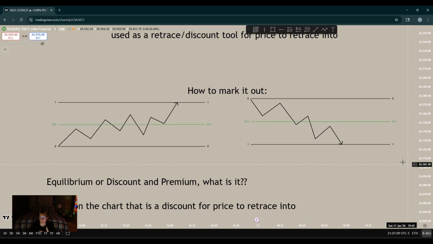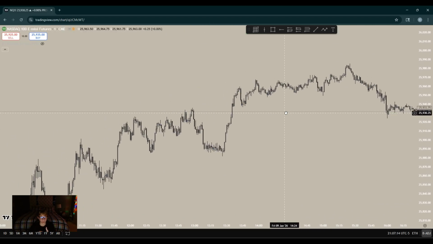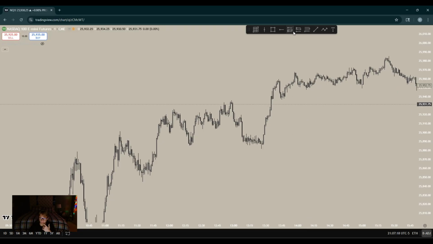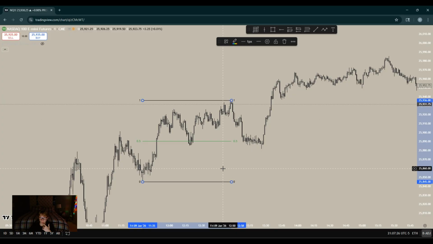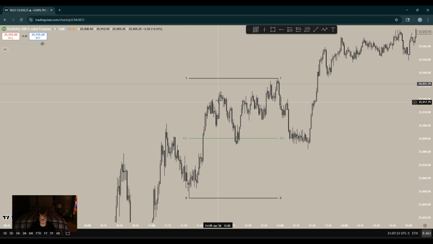Let's get into some examples of how it works and why it works. I'm saying price will not always come into discount. It won't always. And here's a good example. We drop from the high, or the low to the high. What does price do?